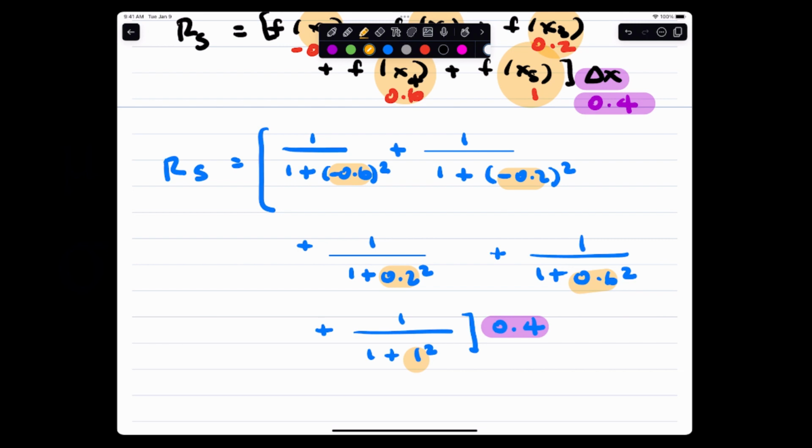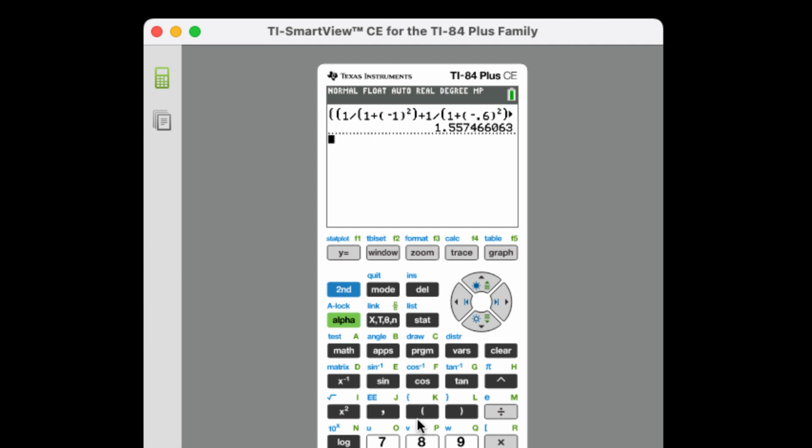You guys ready to try this out? This one is a little bit tough to enter in your calculator, but let's do it the same kind of way, right? So you say here's double parentheses, 1 divided by parentheses, 1 plus, you got to put a parentheses to emphasize that this is a negative number, so it's 0.6.